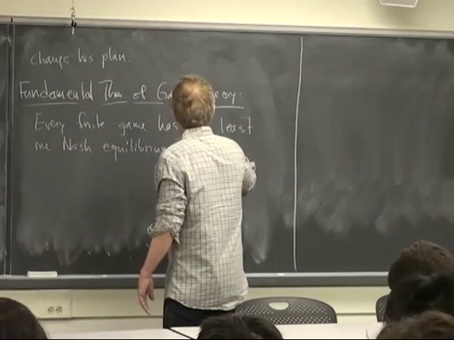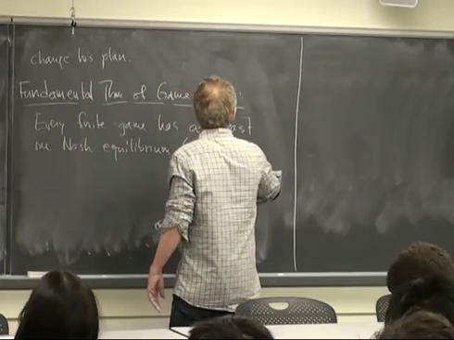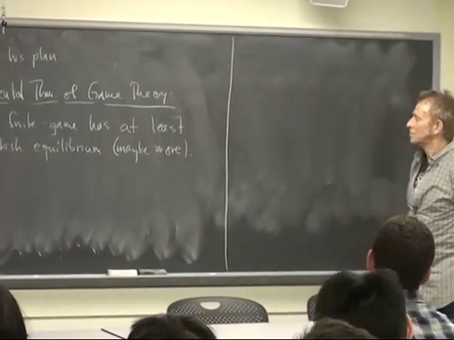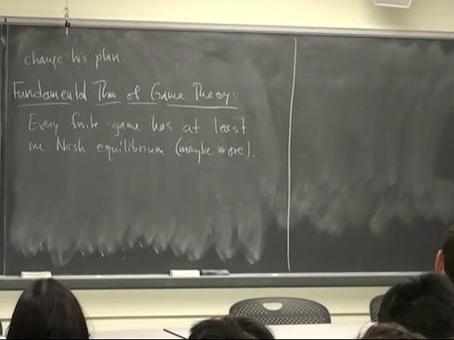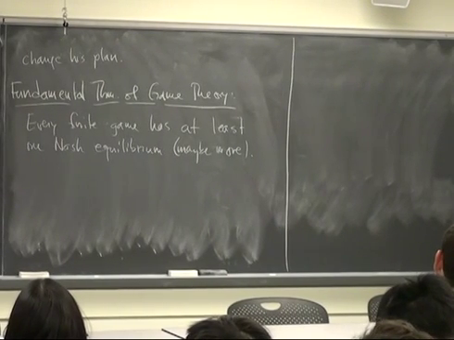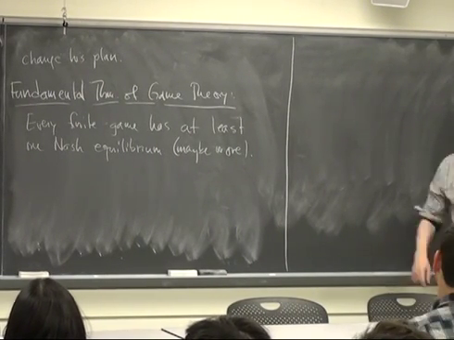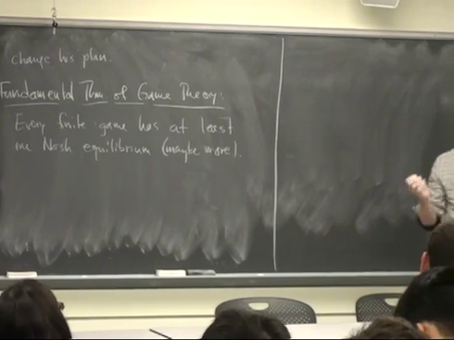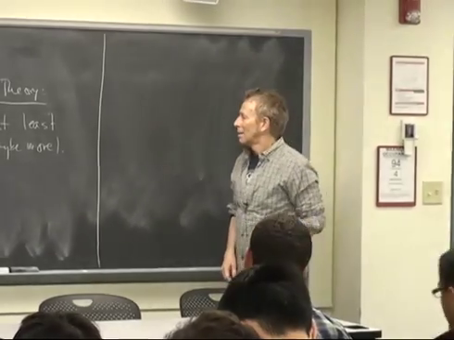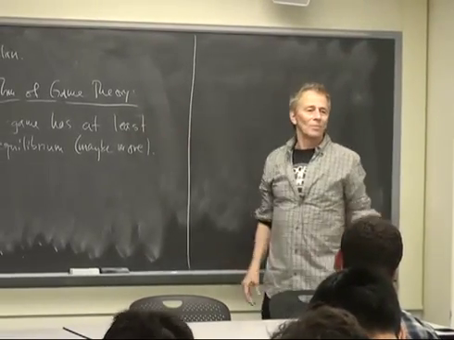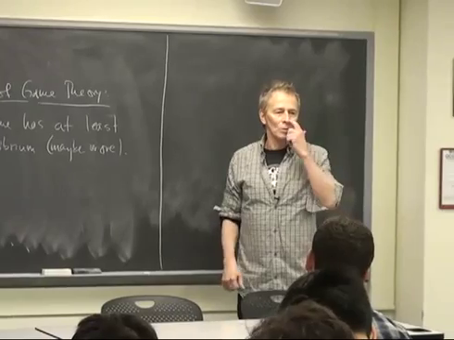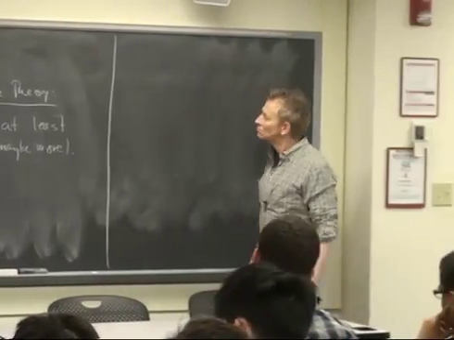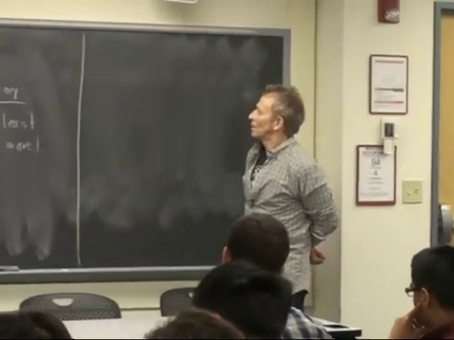Maybe more, as we'll see. Finite means the number of players and the sets of actions for each player are finite. That's it. And it turns out you can prove that lots of non-finite games have Nash equilibria as well, with suitable assumptions on the payoff functions and whatever. Okay.